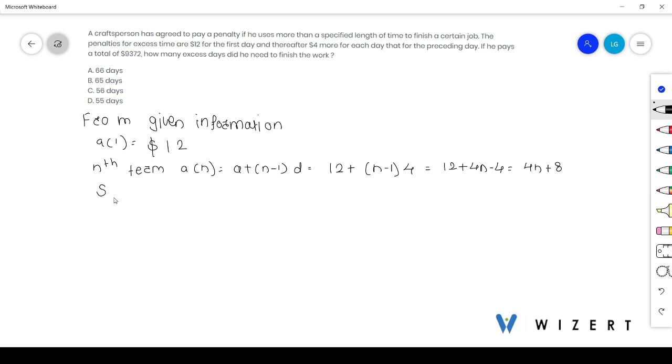Also, the sum of the first n terms, Sn, is given as $9,372.